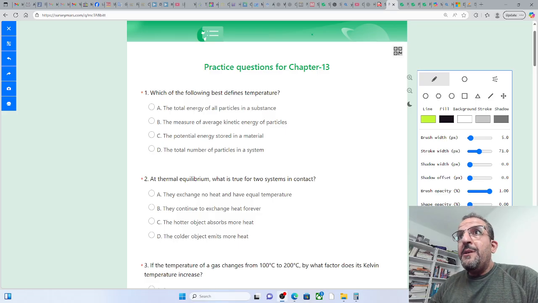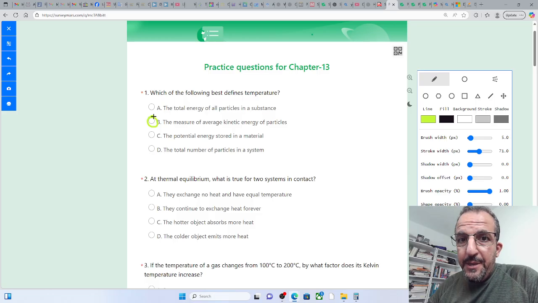The best definition for temperature: A, the total energy of all particles in a substance; B, the measure of average kinetic energy of particles; C, the potential energy stored in a material; D, the total number of particles in a system. So the right answer, guys, is B.